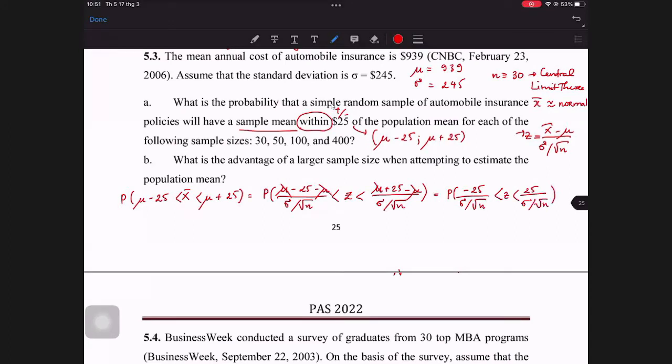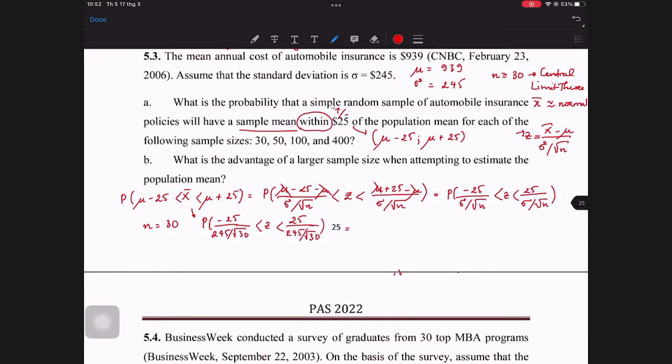After that, we just take the individual case. We have n equal to 30. So this becomes P of minus 25 over 245 over square root of 30, smaller than Z, smaller than 25 over 245 over square root of 30.